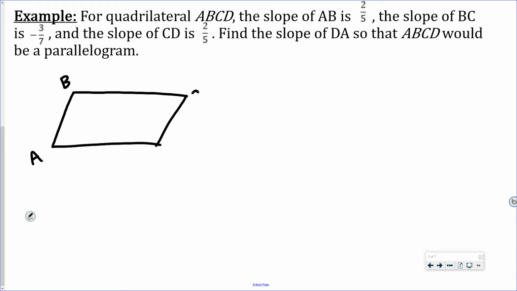So A, B, C, D. Okay, here's what we know. We know the slope of AB, which is this one right here, is 2/5. So this has a rise of 2 and a run of 5. My picture is not super drawn to scale here. Looks like it could be 5/2, but not 2/5. And the slope is rise of 2, run of 5. At least it's going in the right direction, I guess.